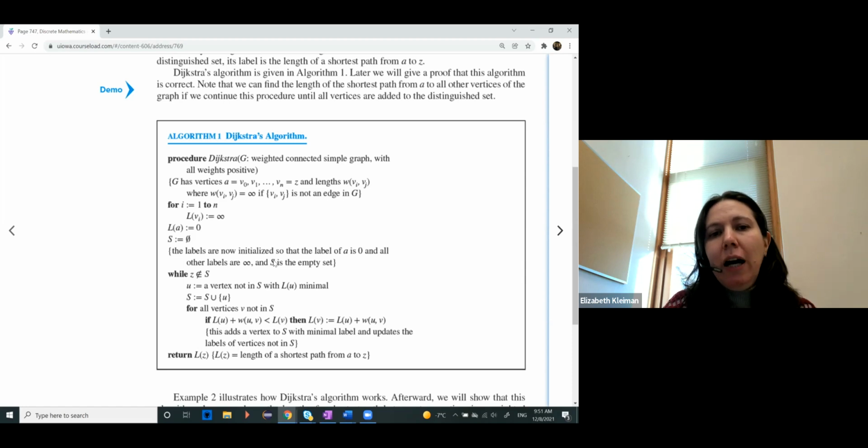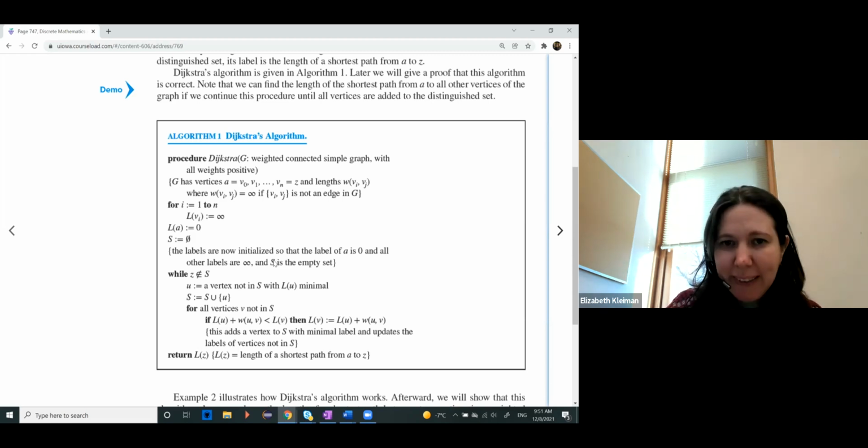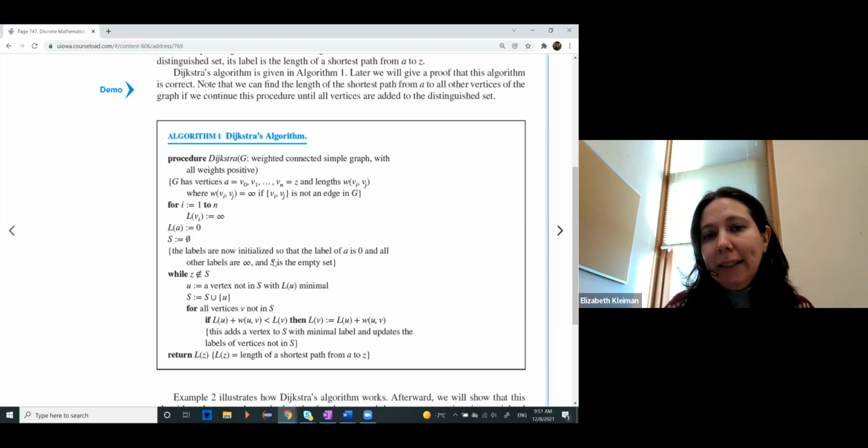The graph is going to have vertices 0 through n. We're going to start with vertex A, and we're going to find the shortest path to Z. So we have A as the starting point and Z as the terminal point. We also have the length W, which is pretty much the weight from Vi to Vj. For every edge we have out there, we have a weight.